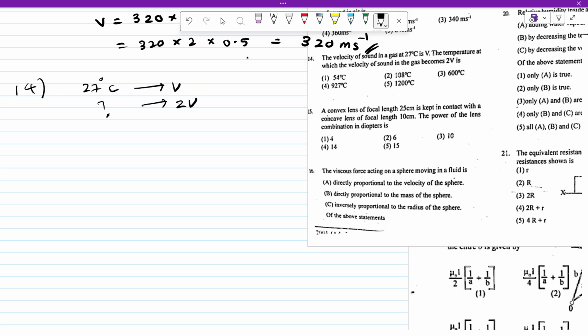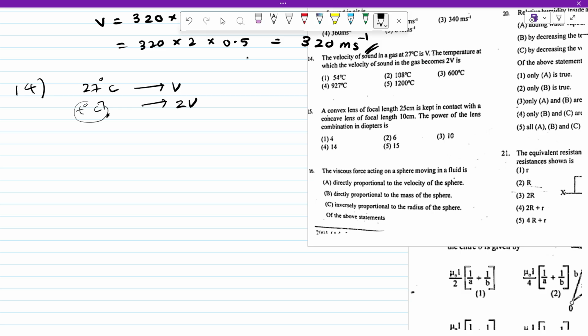So the major equation that we are dealing with in oscillations and waves, and also related to sound: suppose that the temperature at which the sound speed doubles is unknown. Let's name it as T degrees Celsius.